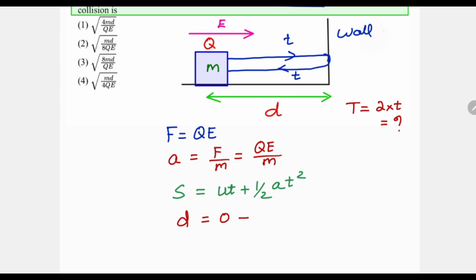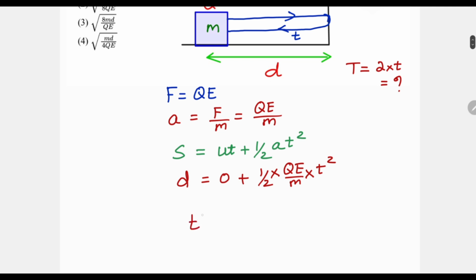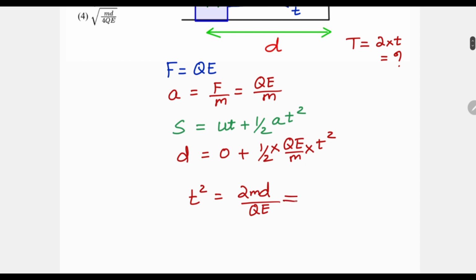So d equals 0 plus half into a, which is qE by m, into t square. That means t square equals 2md by qE, which implies t equals root of 2md by qE.